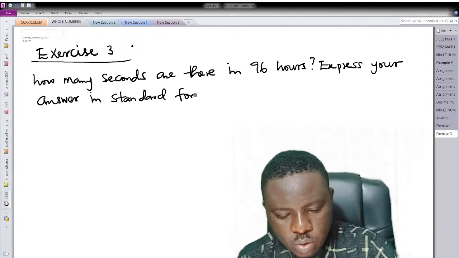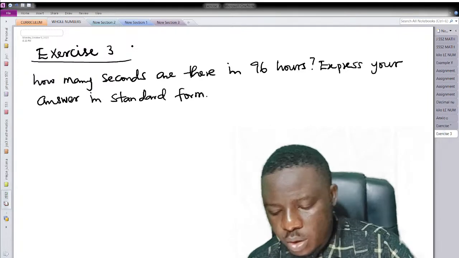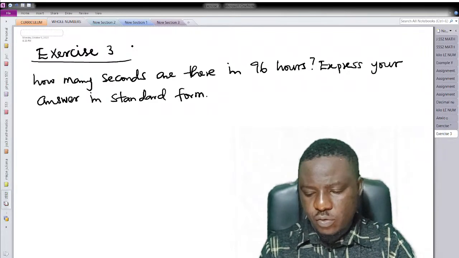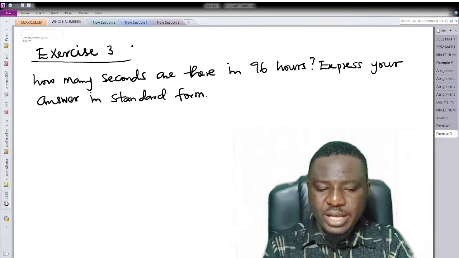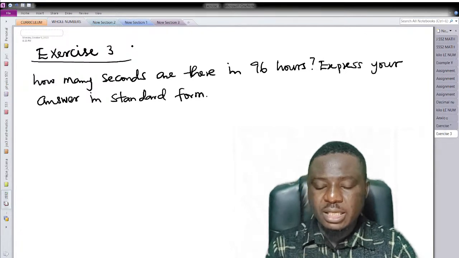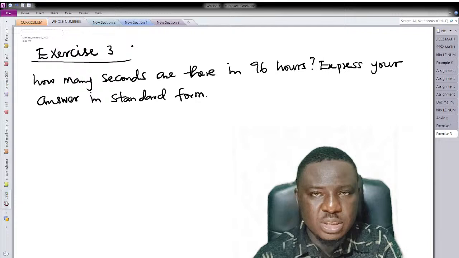So we are asked how many seconds are there in 96 hours, as well as to express the answer in standard form. Now, this is how you go about it.